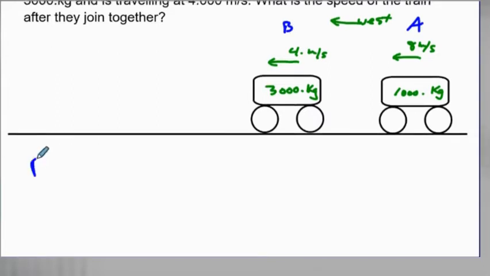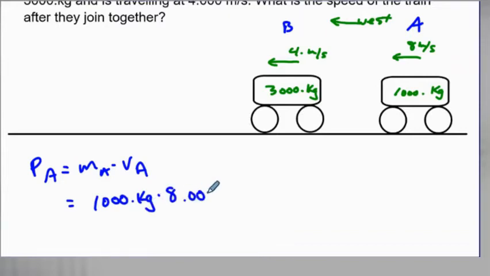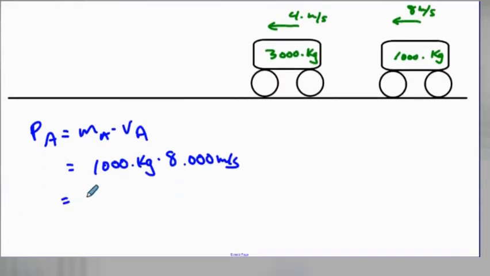So the momentum of A, oops, I wrote B. The momentum of car A is the mass of A times the velocity of A. So what we have here is 1,000 kilograms at a velocity of 8 meters per second. So the momentum of car A is 8,000 kilogram meters per second.